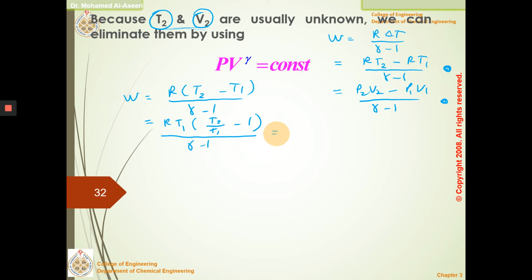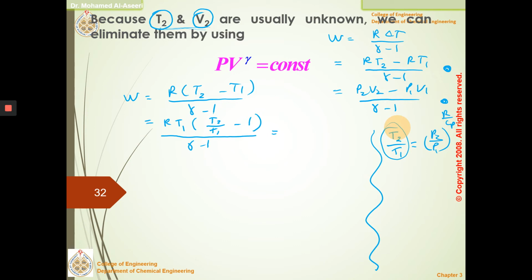If you remember, in the relationship of the adiabatic process, there is an equation that says T2 over T1 is equal to P2 over P1 all to the power R over Cp. That equation is really important because I can replace T2 over T1 by P2 over P1.